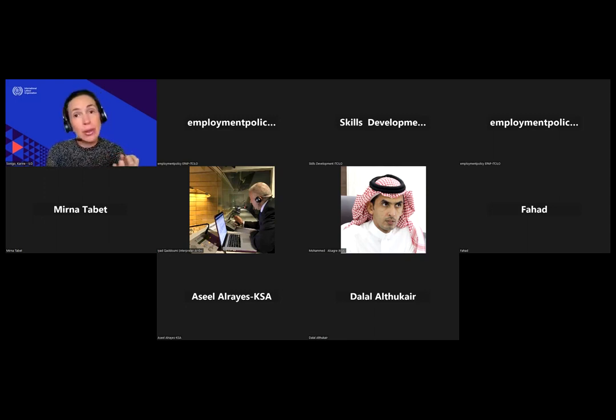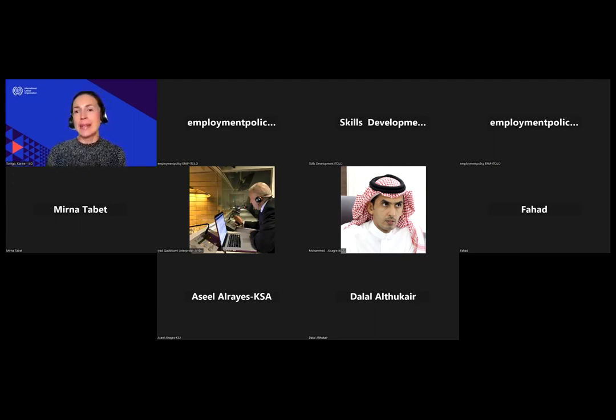That TVET curricula and TVET staff continuous professional development are being adapted. That we make sure that strategies for effective lifelong learning are being supported. That labor market policies are integrated with skills development policies, and that developing countries are supported in overcoming barriers to digitalization.